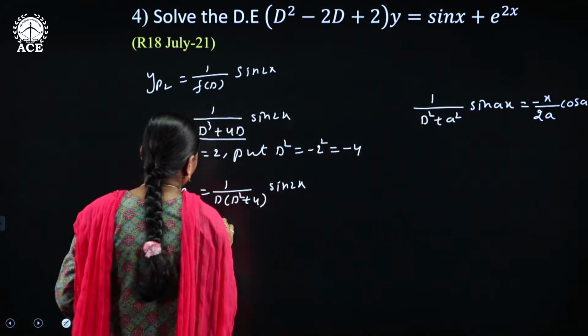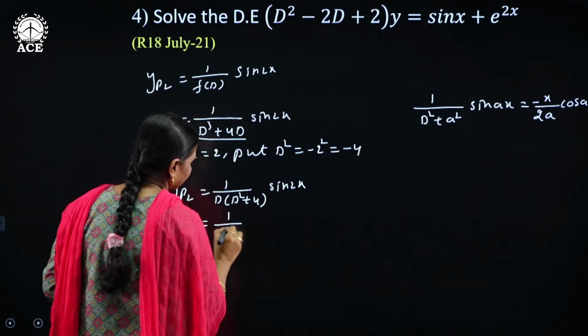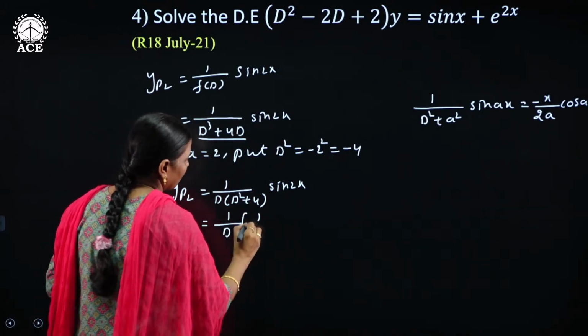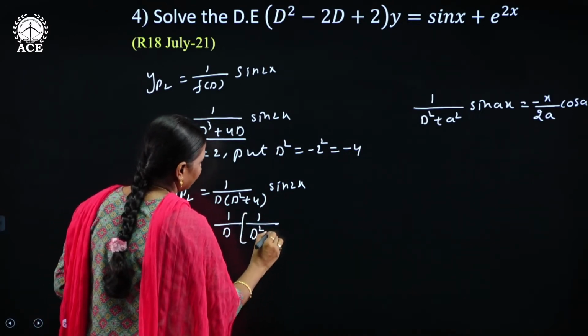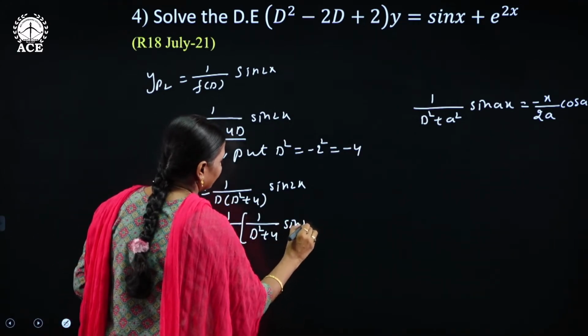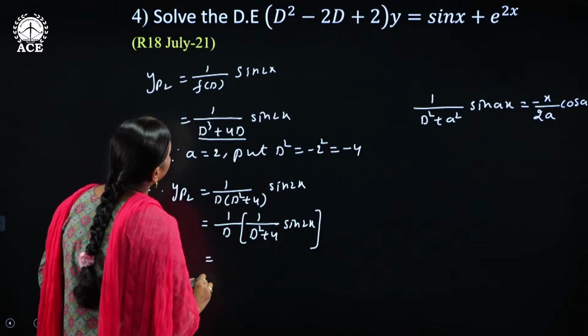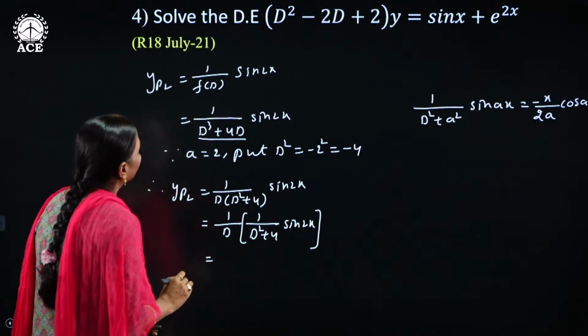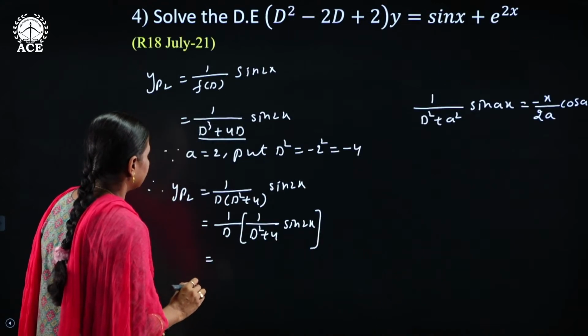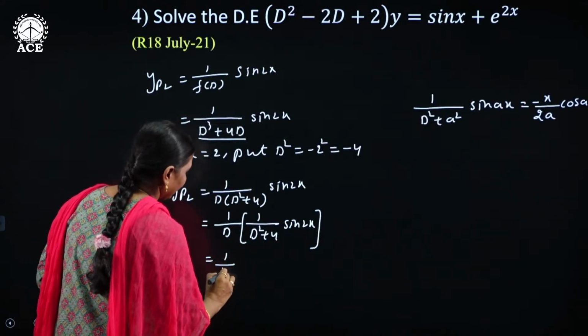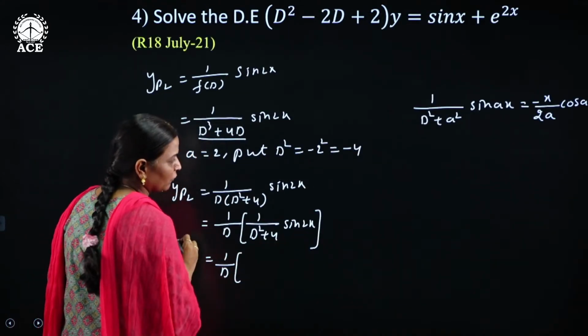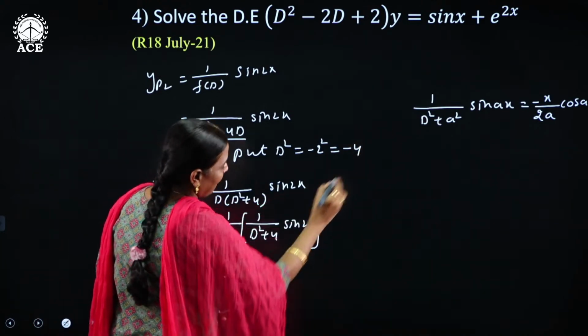So that is equal to 1 by, first rewrite this one, 1 by d into 1 by d square plus 4 into sin 2x. Here a is equal to 2. So what is the formula?